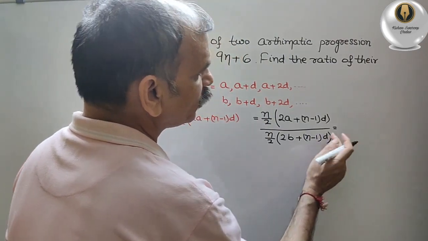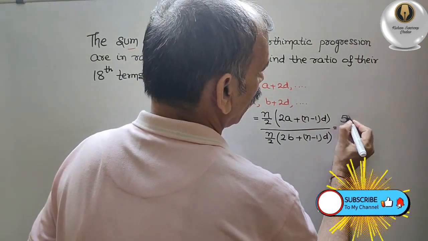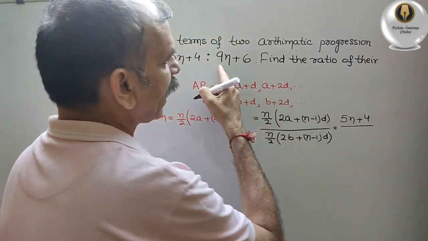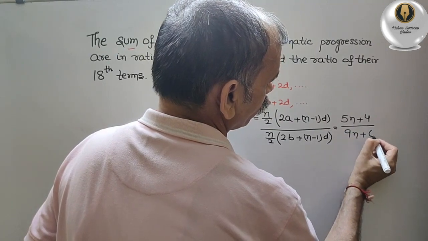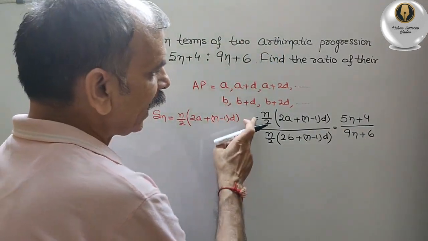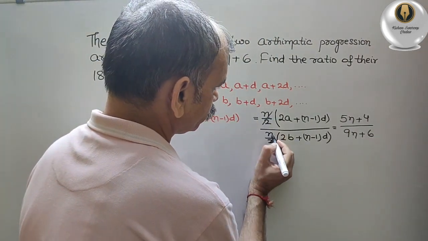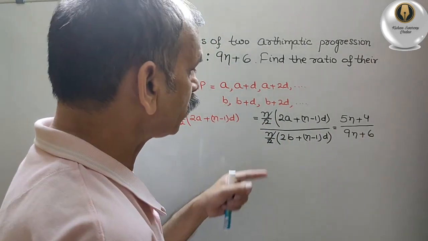They have given you this as 5n plus 4 by 9n plus 6. Now you can see n by 2 is gone. Now what have they asked?